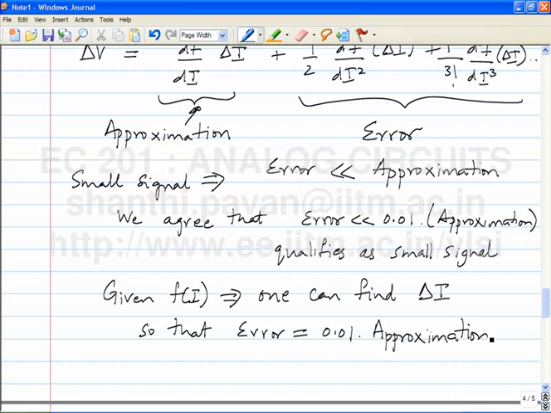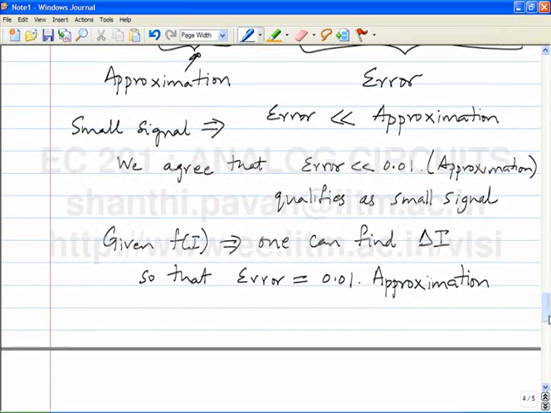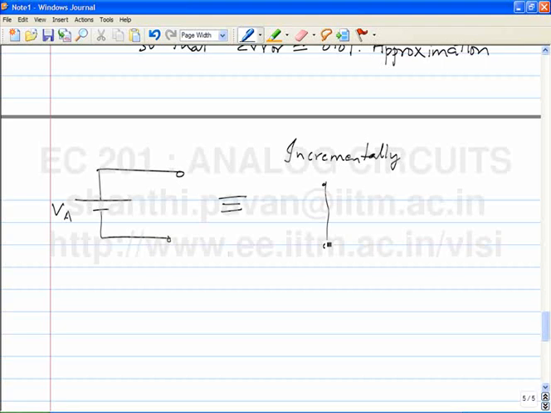Alright, let me quickly take an example. Let me take a voltage source again, an ideal voltage source. What is the incremental equivalent circuit of the ideal voltage source? It remains incrementally a short circuit, irrespective of the magnitude of current you pump into the voltage source.